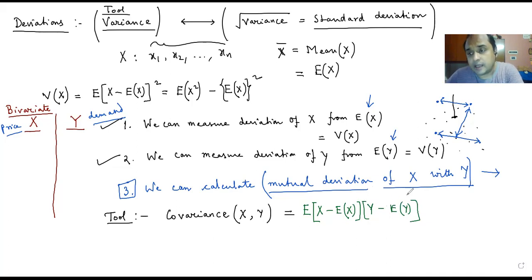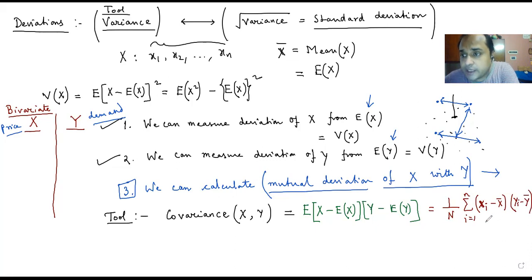If you want to see the formula without looking through the lens of expectation, then in basic statistics this covariance can also be expressed in the following manner. We divide the entire thing by the total frequency, and we consider each and every point and find the quantity (xi minus x bar) into (yi minus y bar).